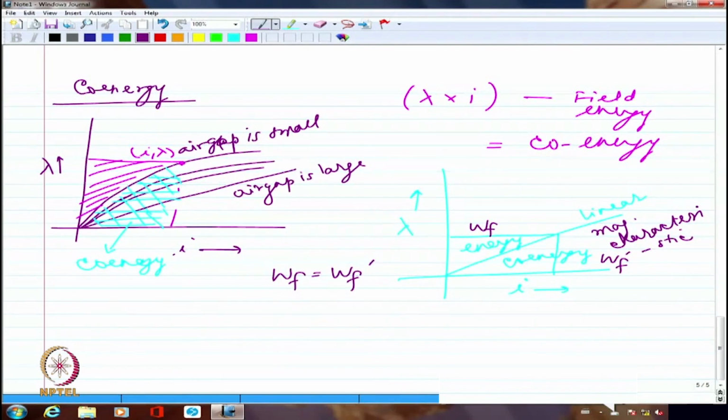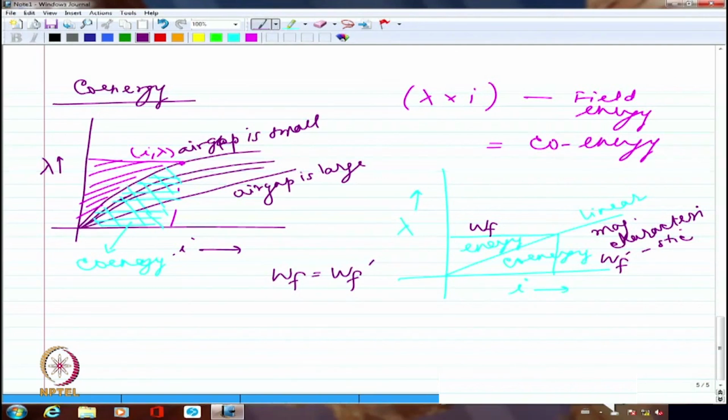There is no physical significance of co-energy, but you may try to write that as lambda di, just like how you wrote I d lambda in the absence of any movement. We wrote I d lambda integral, which was actually the field energy. So I would be able to write lambda di integral as the co-energy.